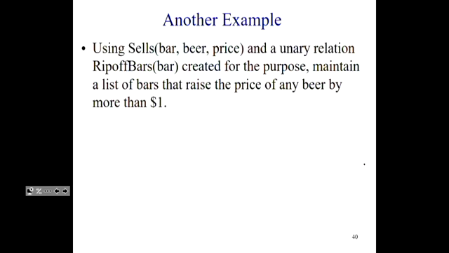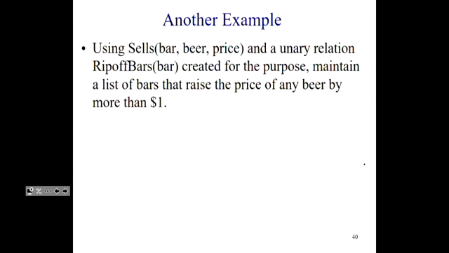Note that there's no construct so far that will allow me to do this, right? In some sense, this allows me to monitor an update that is taking place, look at the difference between the old price and the new price, and if the difference is greater than 1, then I want to record it. There's no construct so far that we've studied that allows me to do something like this.